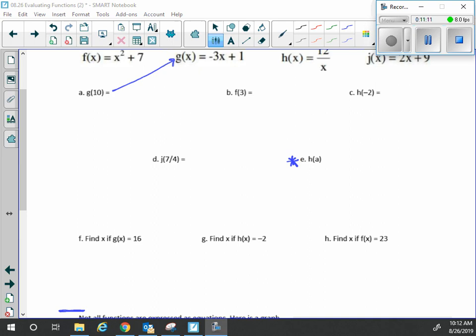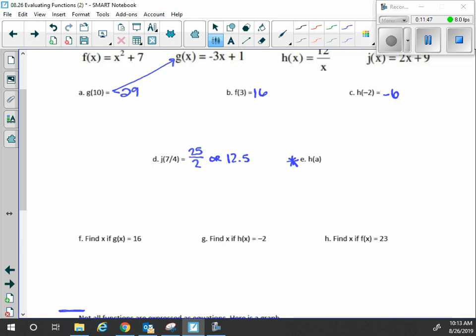So A, g of 10 is what? 29. Okay, letter B, f of 3 equals 16? Very good. Yes. Letter C, h of negative 2 is negative 6. Very good. D, j of 7/4, 12 and a half. 12 and a half, or if you left it as an improper fraction, is 25 over 2.